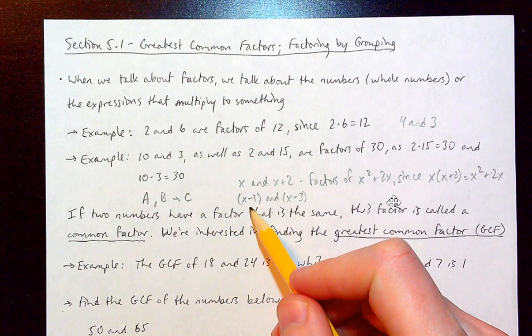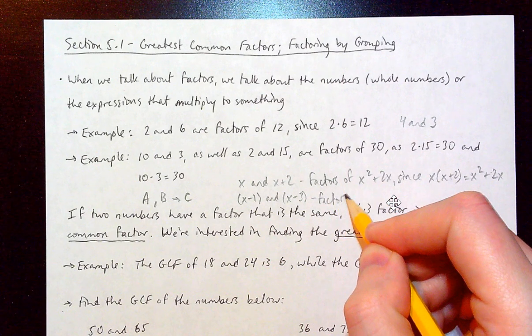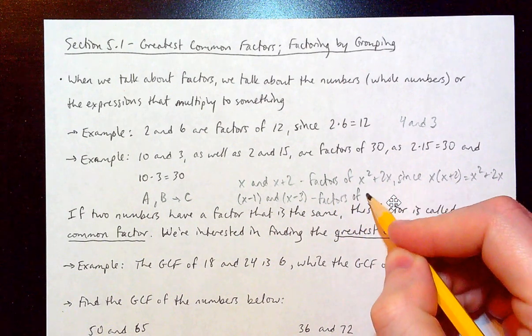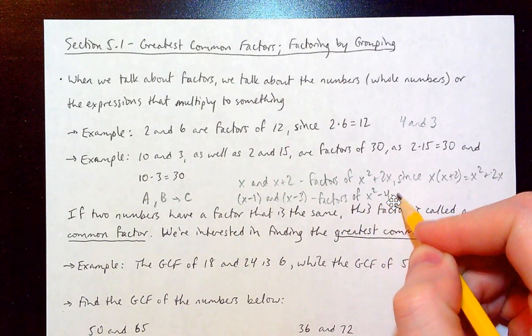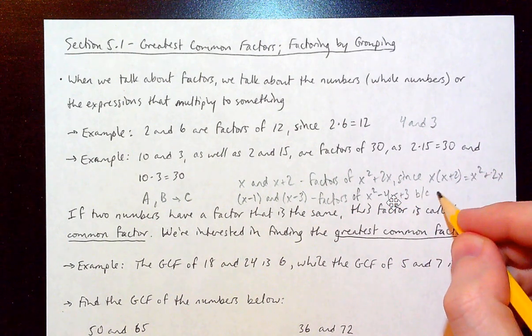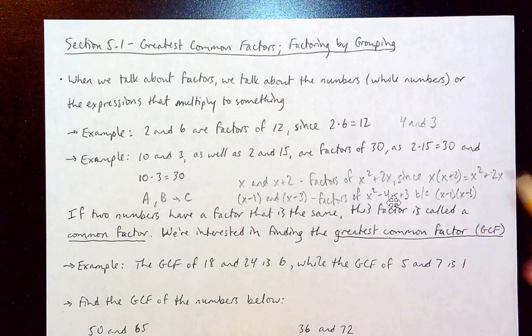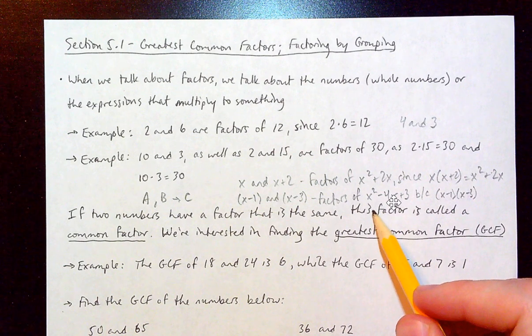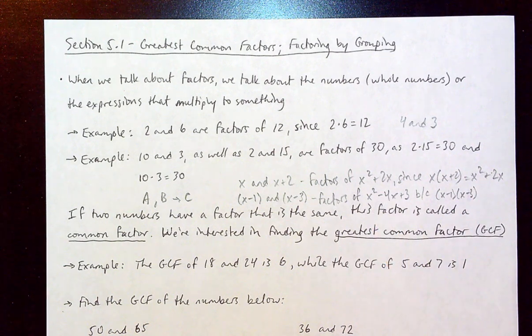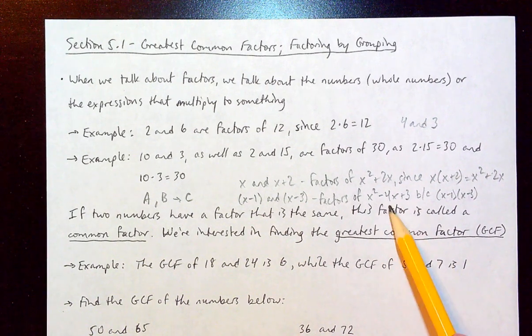X minus 1 and x minus 3 are factors of x squared minus 4x plus 3 because, B slash C, if you do x minus 1 times x minus 3, you will get that x squared minus 4x plus 3. So that's why we say that these two things, x minus 1 and x minus 3, are factors of this thing right here because they multiply to give us this thing here.